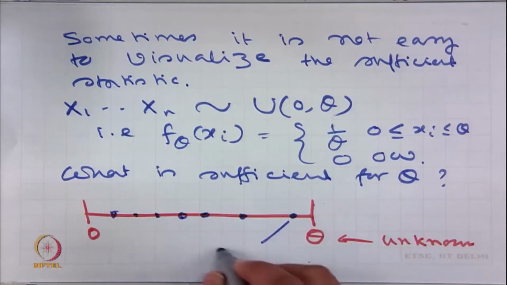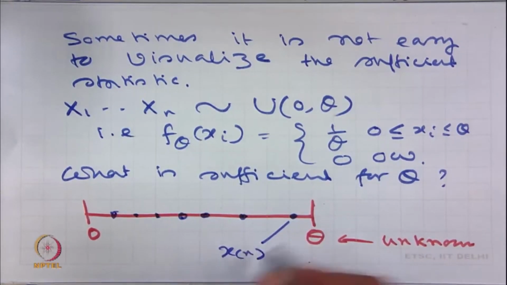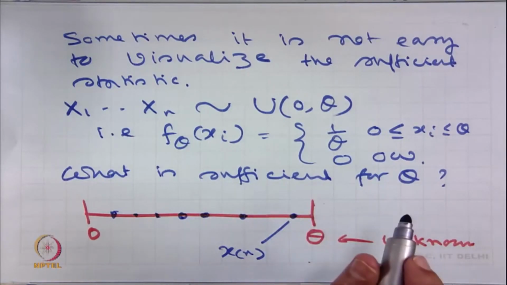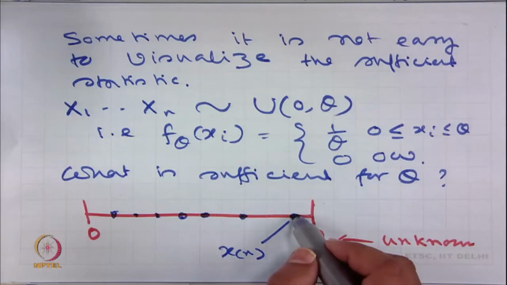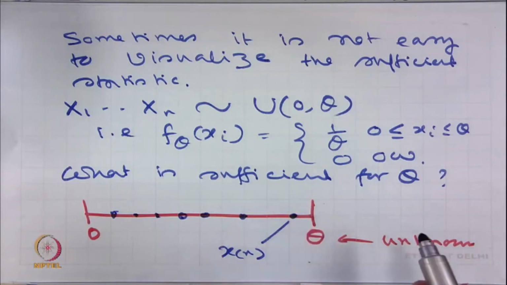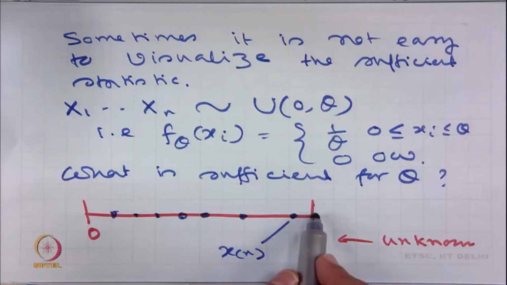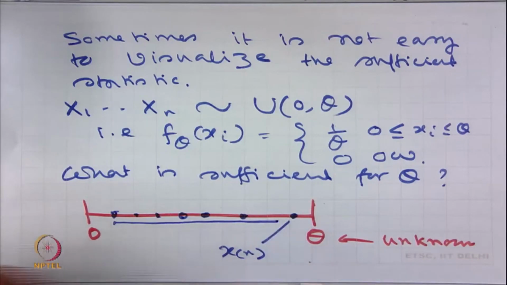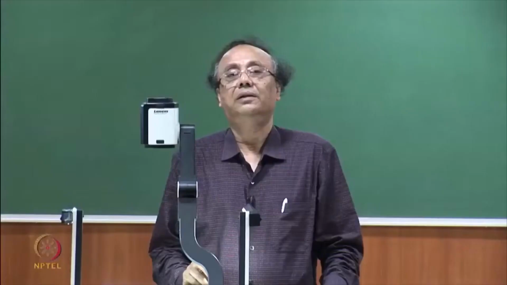What we can say is that this is the highest order statistic. The only thing that we can say is theta is greater than or equal to this value. And since theta is greater than or equal to this value, none of these other observations have any influence on that decision making.